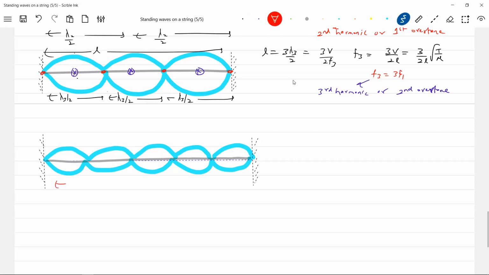So this will become lambda by n, and the total length of the rope is L. Then what will the resonant frequency be? n lambda by 2, since the distance between adjacent nodes is lambda by 2.